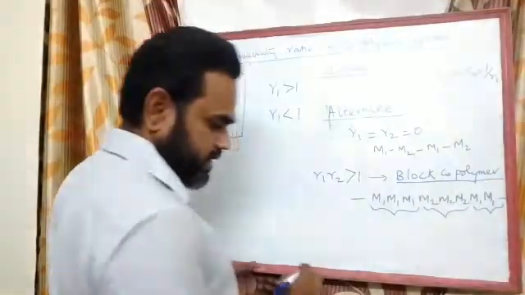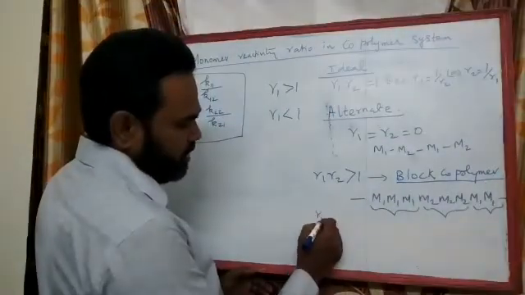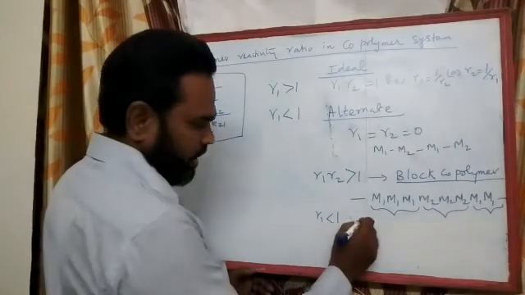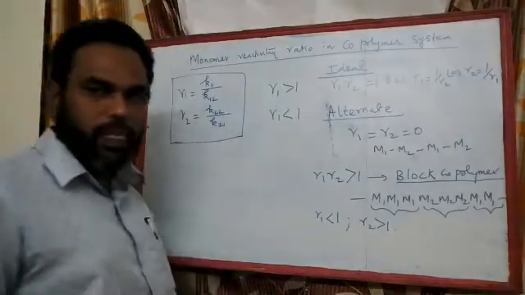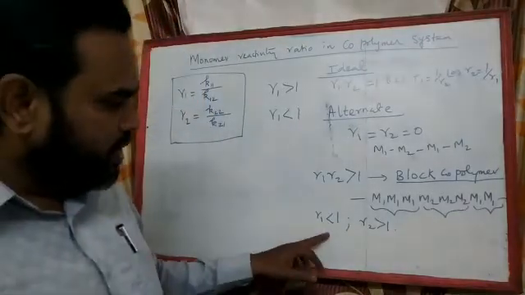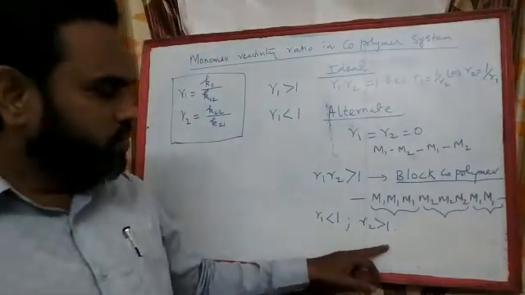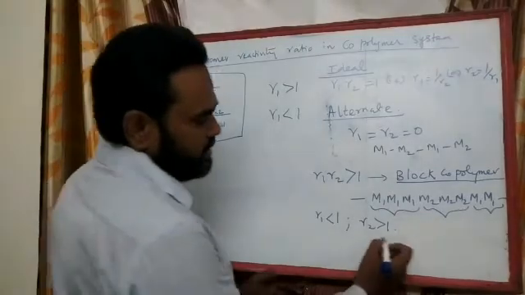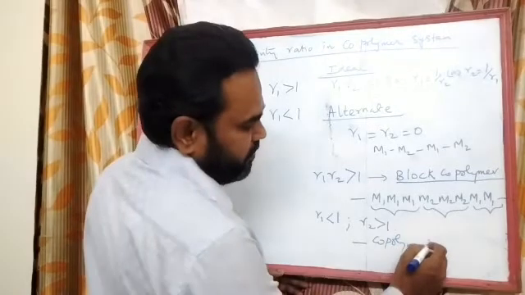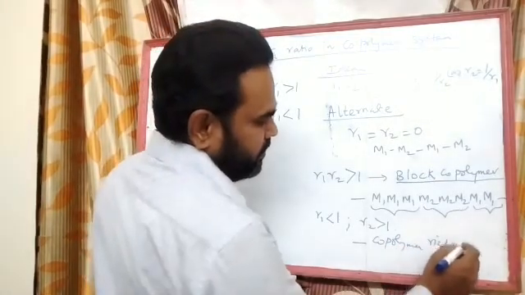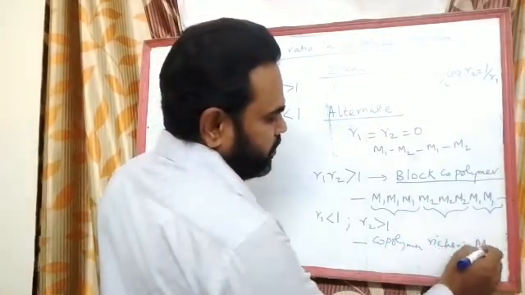So a system in which R1 is less than 1 and R2 is greater than 1: in such a system, the copolymer will be richer in M2.